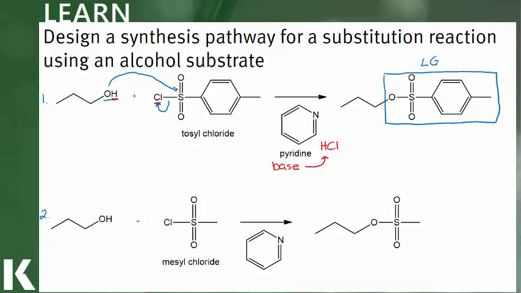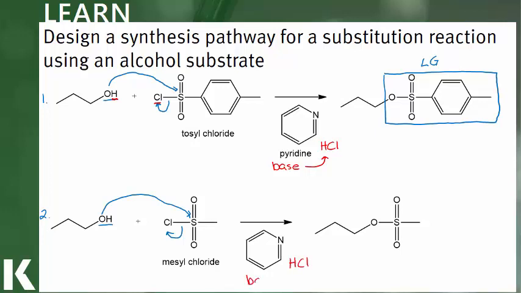group for subsequent reactions. If we wanted to, instead of using a tosyl group, add a mesyl group, it would be a very similar reaction. That OH group would act as the nucleophile, displacing chlorine. It would be producing both hydrogen ions and chloride, so producing HCl.